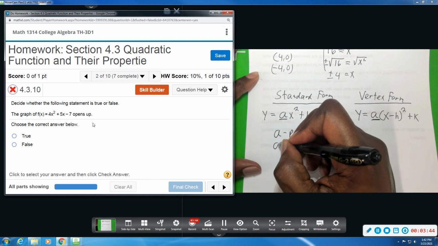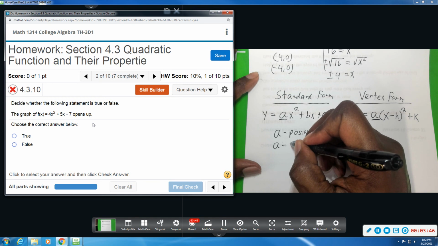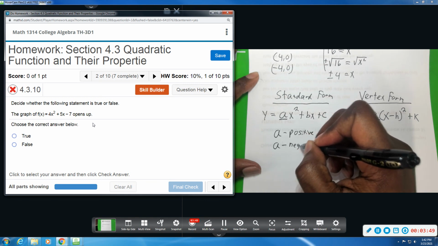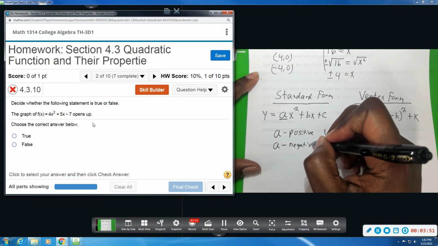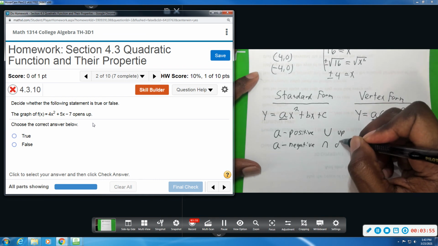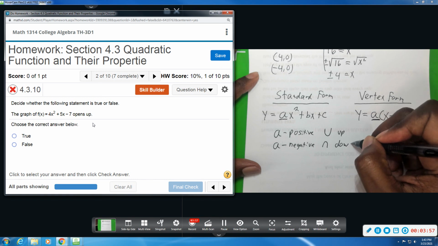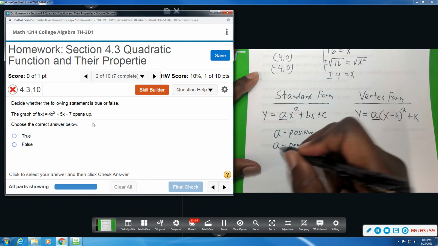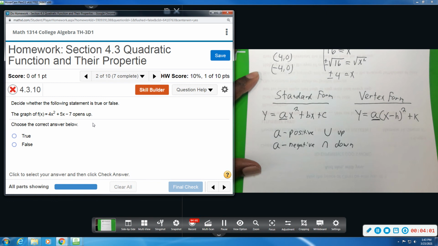If a is negative, it opens down and makes an N shape. So up, U, down, N, negative, works that way.